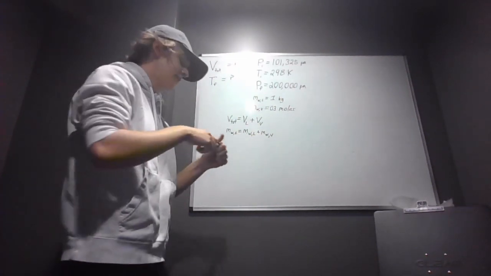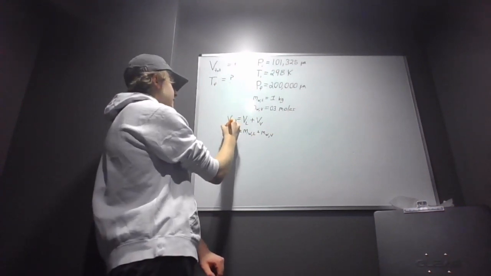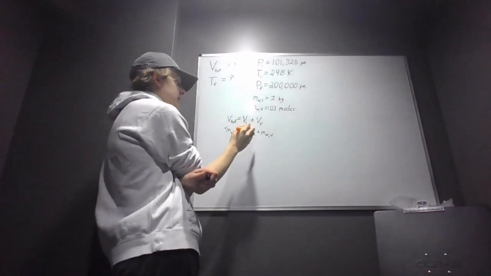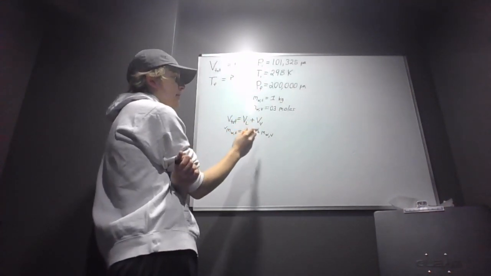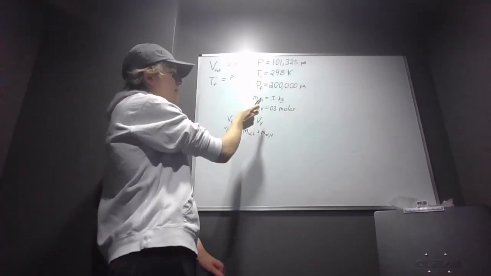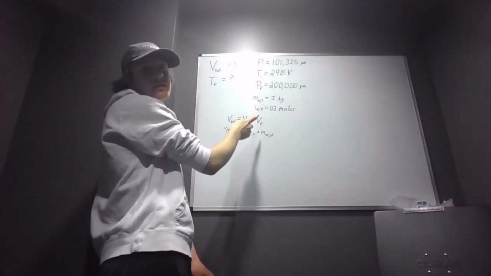So now, as you can see, we know this mass of the water total, but we don't know the mass of the water in the liquid phase or the mass of the water in the vapor phase. But we can obtain this by using our moles of water in the vapor phase.